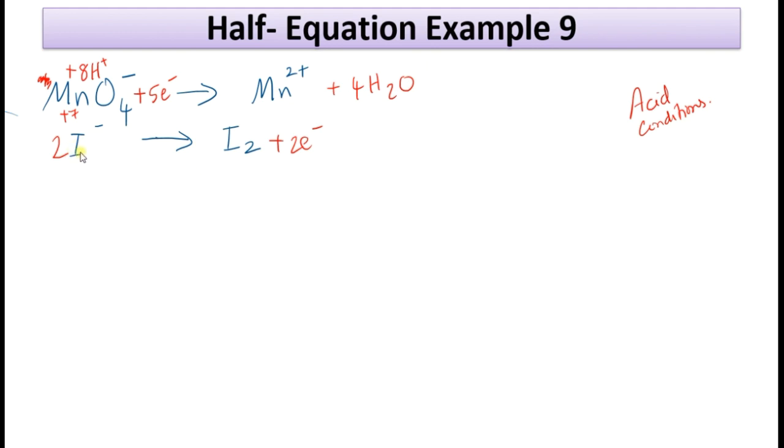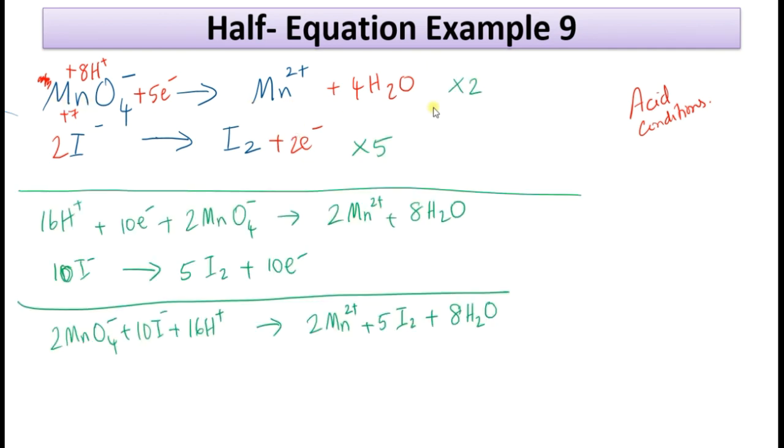Now this needs to be balanced by writing a 2 in front of it, and then iodine is balanced on both sides, and you realize that it's 2 electrons, nothing else is needed. This is balanced. All you have to do now is make the electron numbers equal and write the overall equation.